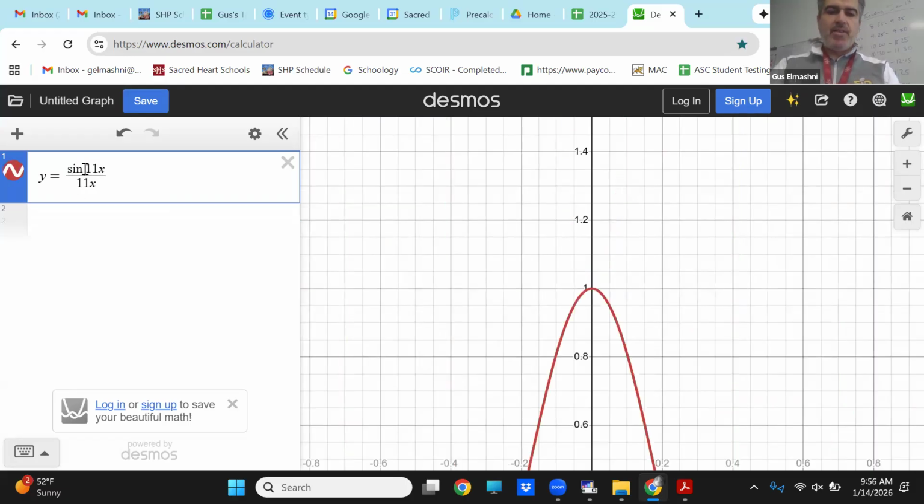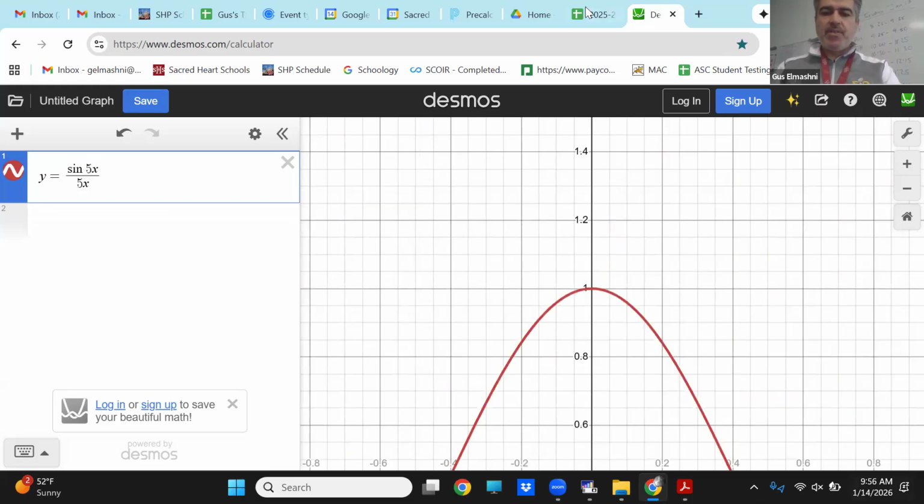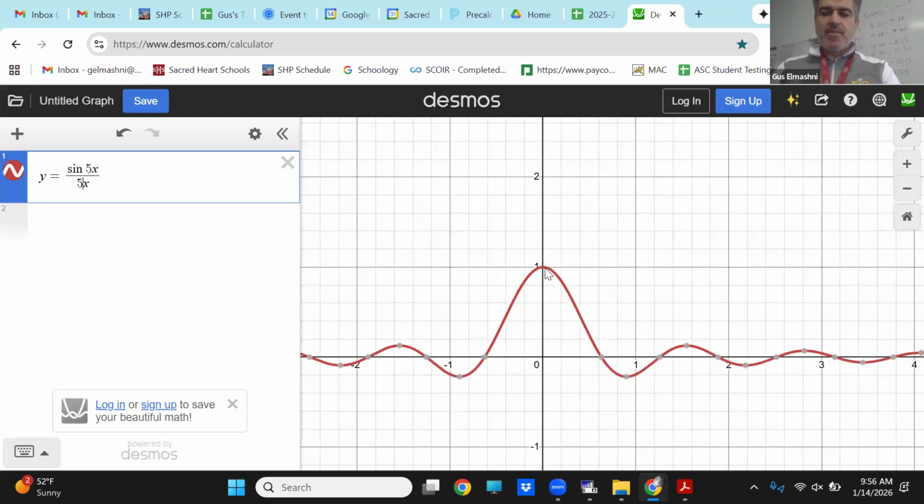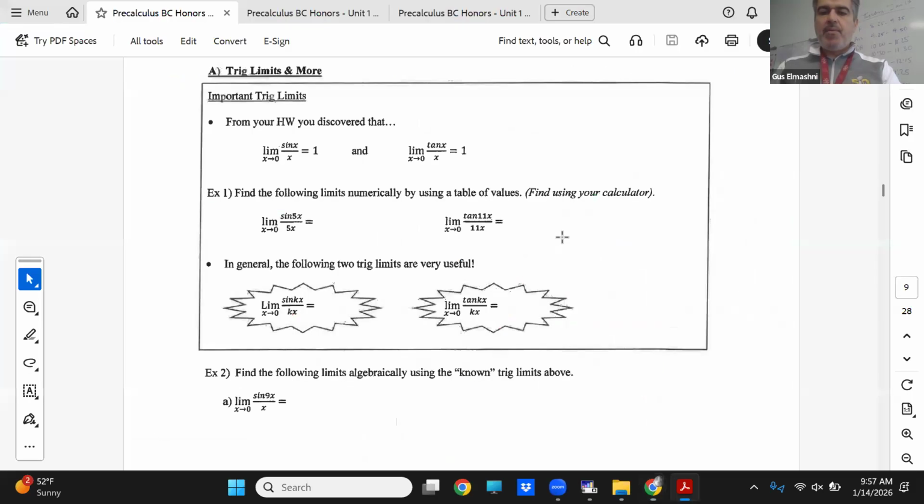Or if I do sine 5x over 5x, still the same thing. So whenever you change the coefficient of x in the sine or tan function and do the same change of the coefficient for the x in the denominator, you get the same thing. It'll still be 1.